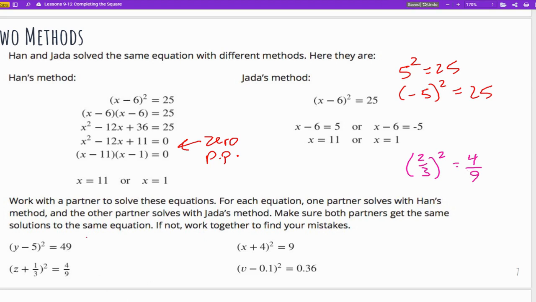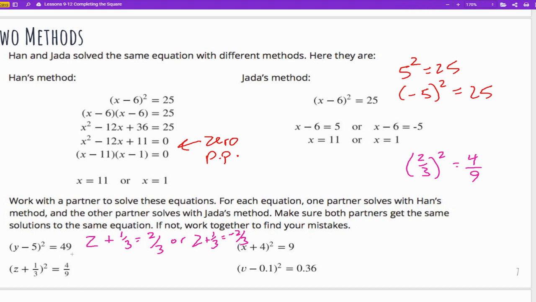So z plus 1/3 is going to equal 2/3, or z plus 1/3 equals negative 2/3, because 2/3 multiplied by itself is what's giving us the 4/9. And it could be positive or it could be negative.